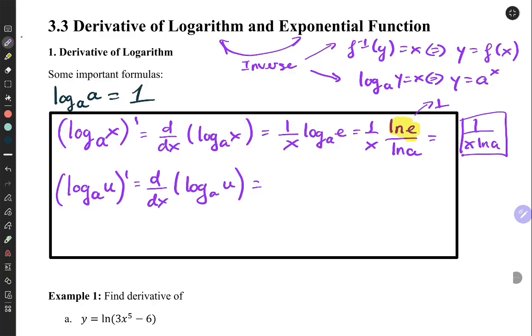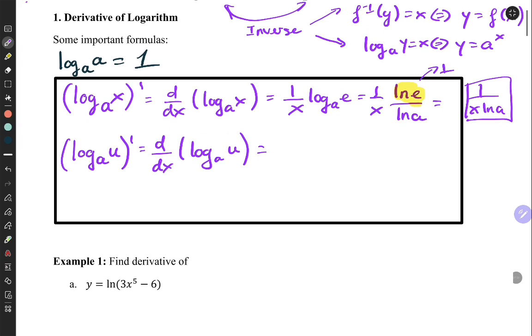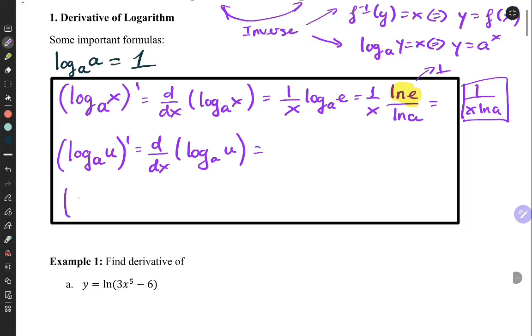Now if I have a u, what does the chain rule give? Try that. I'll let you think about that. The next one I want you to think about is natural log. Same as this formula, exactly this one, but base e this time.